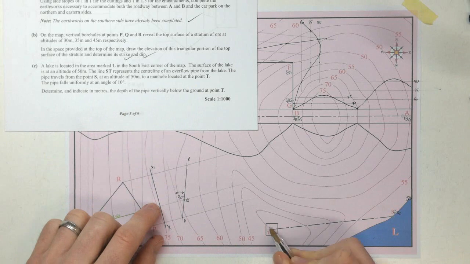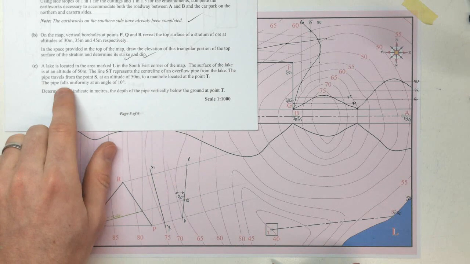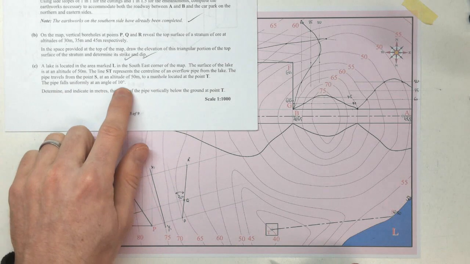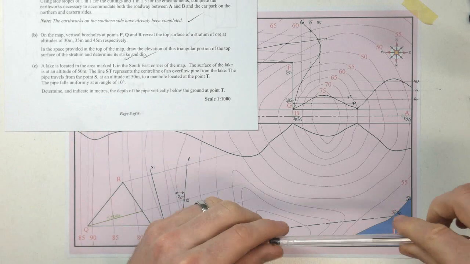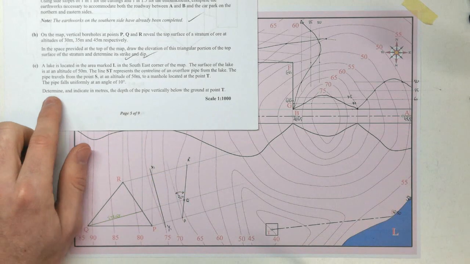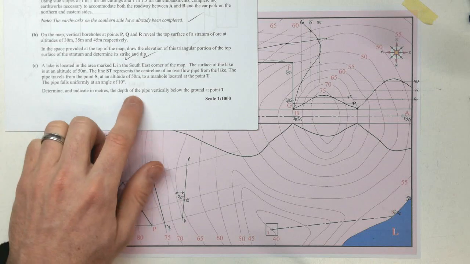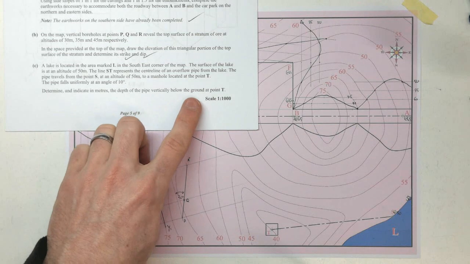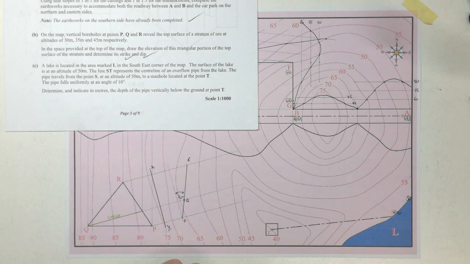You can see there on the 40 contour. The pipe falls uniformly at an angle of 10 degrees. So the pipe is falling there at a 10 degree angle. Determine and indicate in meters the depth of the pipe vertically below the ground at point T.